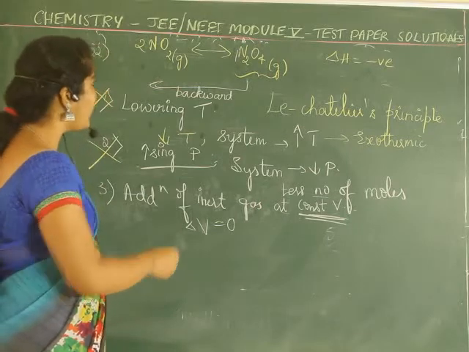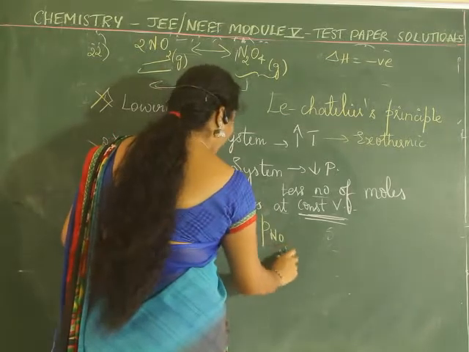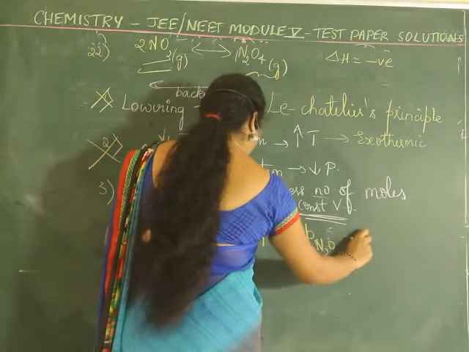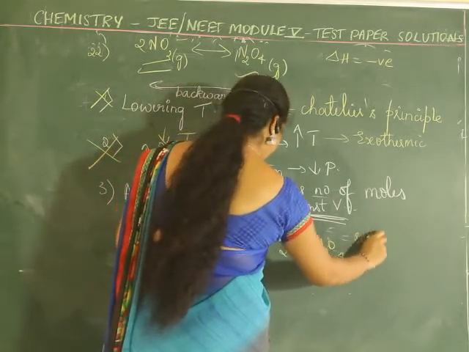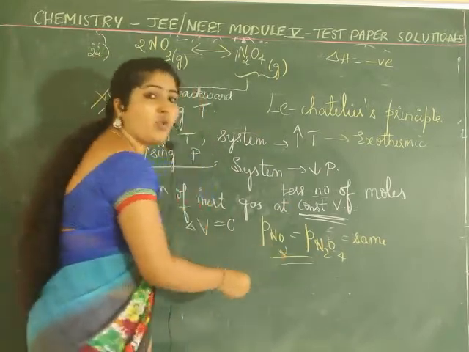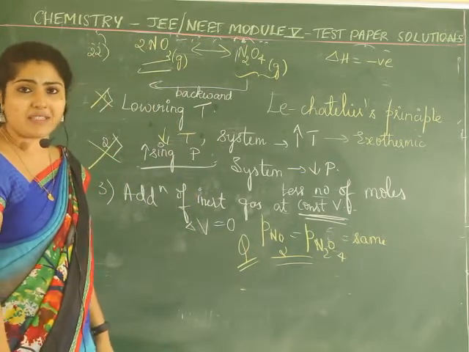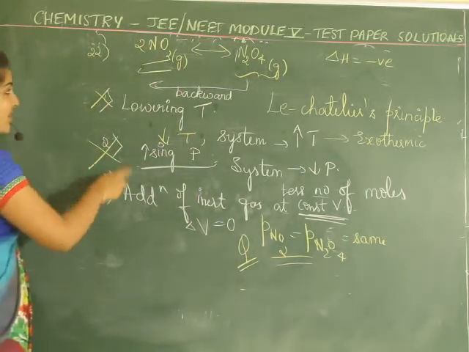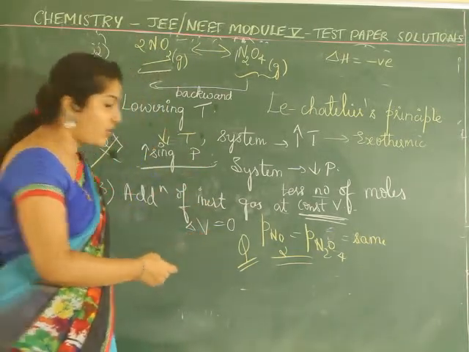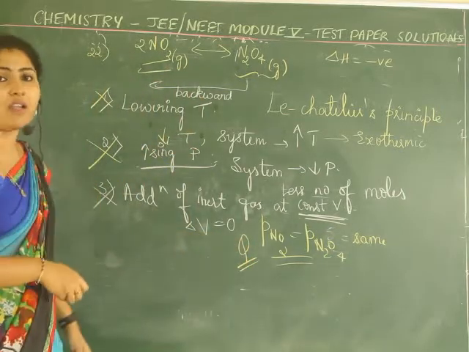That tells you that the partial pressure of NO2 and the partial pressure of N2O4 remain the same. If these are the same, there is no change in the reaction quotient. The reaction quotient also remains as it is. Therefore, you cannot find any change in the equilibrium shifting for this particular reaction because delta V is 0 and the reaction quotient also does not change. So even this is not the option that we are looking for.